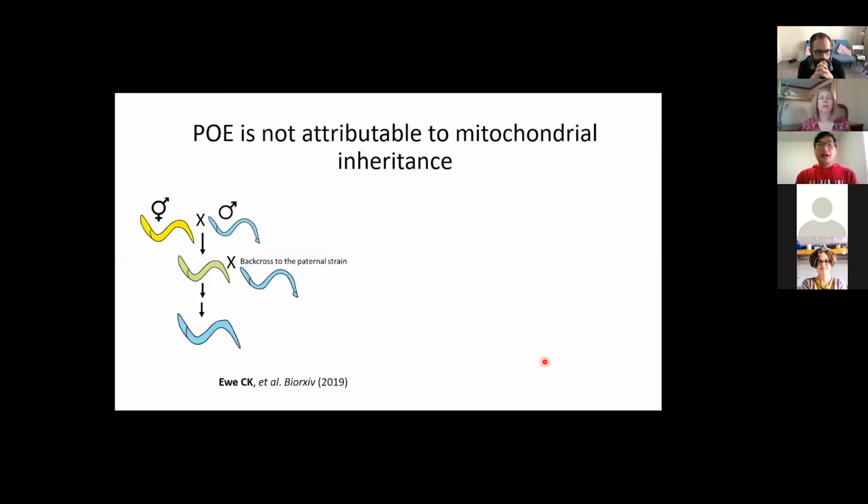To provide a complementary test, I established the cross like I did before and kept backcrossing the progeny to the paternal strain. This way, I keep the mitochondria and exchange out the nucleus bit by bit. If mitochondria do play a role in POE, we should still see POE last despite the backcross.